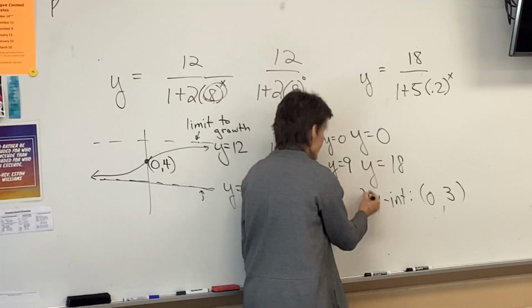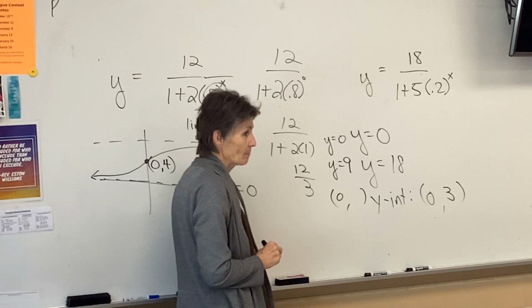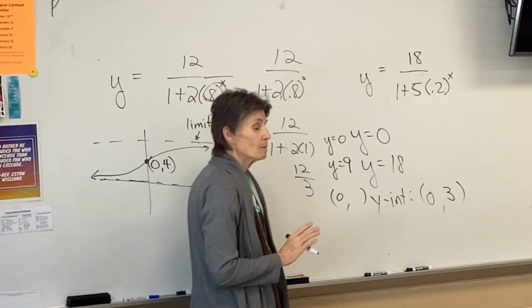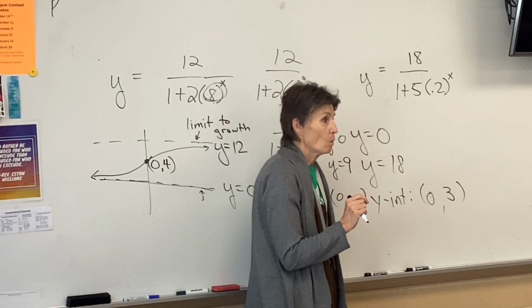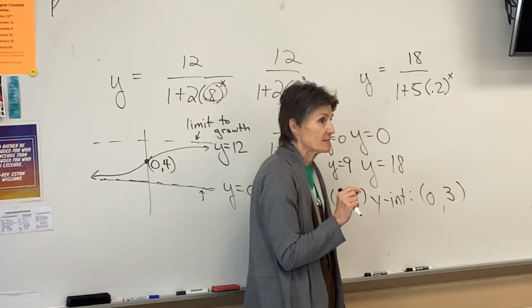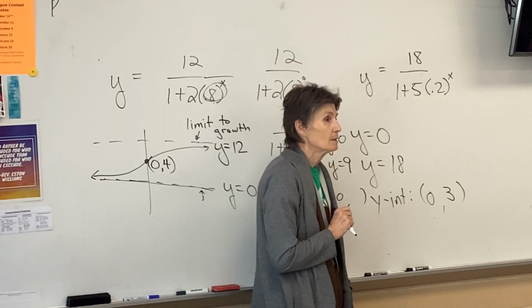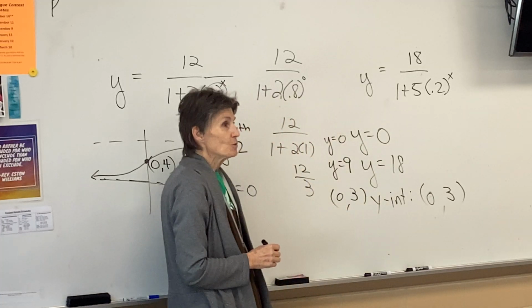And what's your y-intercept? Remember, we're letting x be 0. So what is anything to the 0 power? 1. So what's in my denominator? 3. So 9 over 3 is 3.